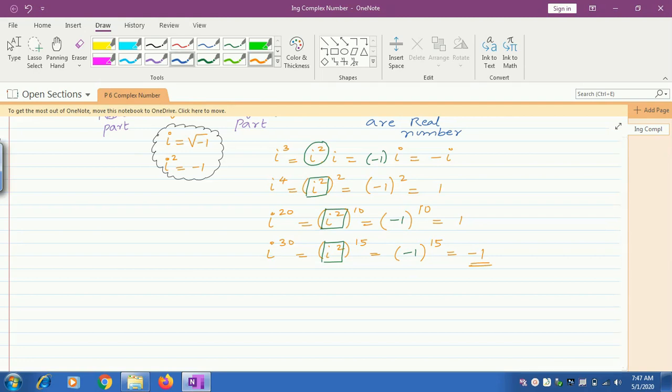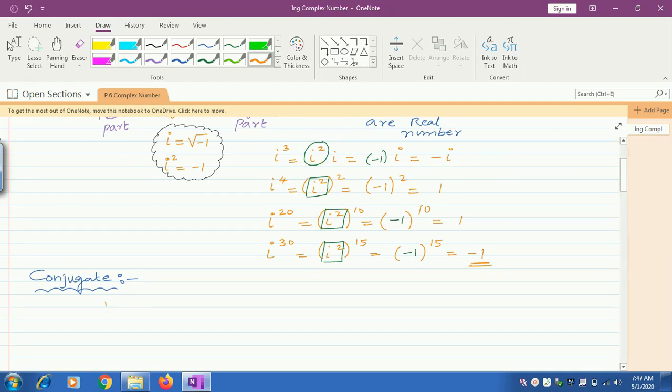Now we will discuss the next one, which is conjugate. This is a very important topic. How will you find the conjugate of a particular complex number?